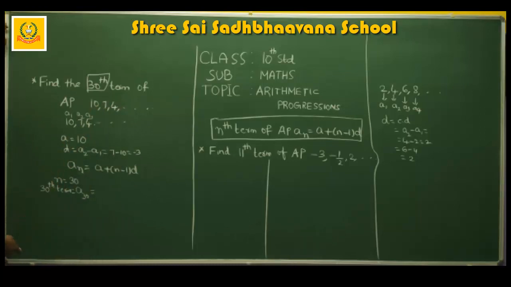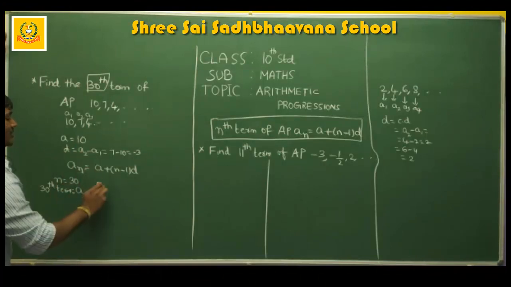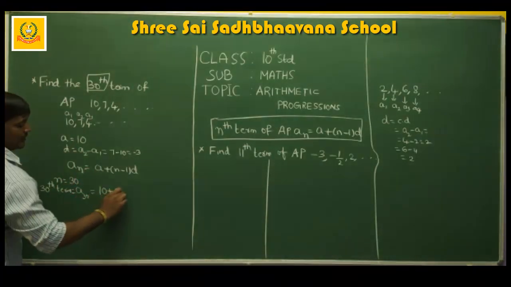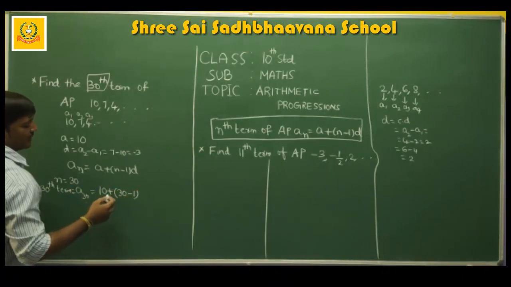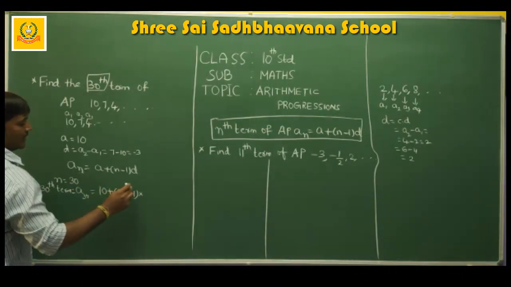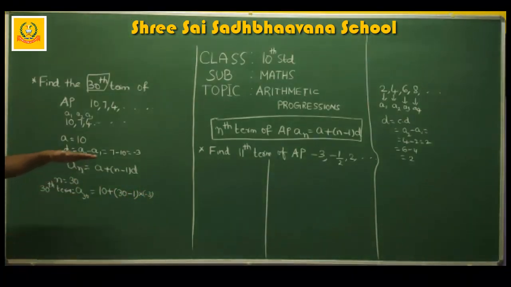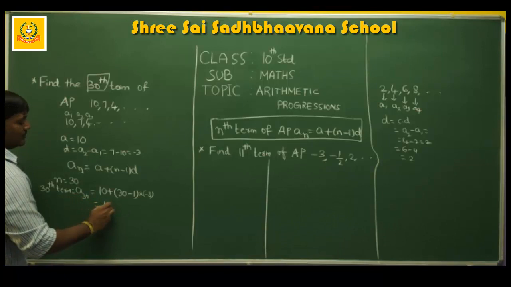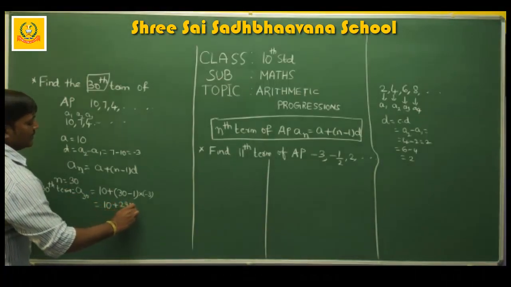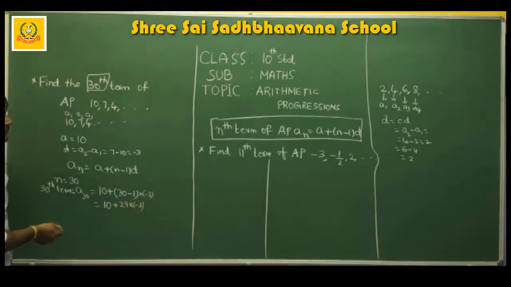So A30. What is the n value? 30. What is the A value? 10, plus n is 30, so 30 minus 1 into D. What is the D value? It is minus 3. As I said, you should be careful with the sign. So minus 3 will be the D value. Correct? So 10 plus 29 into minus 3.